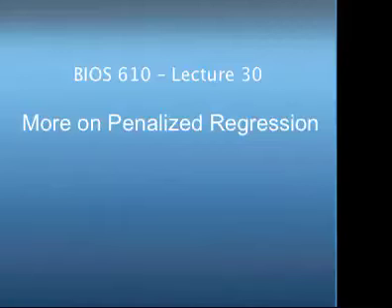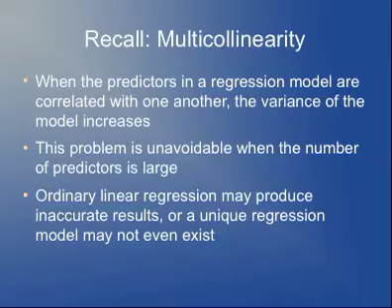Recall from Monday and the last couple weeks in general that when you're trying to do a regression, you have several predictors that are correlated with one another. That will increase the variance of your model. And if you get enough predictors in your model, the problem is unavoidable. If you're trying to predict an outcome based on a microarray data set with 30,000 genes or something like that, there's multicollinearity and there's nothing you can do about it.